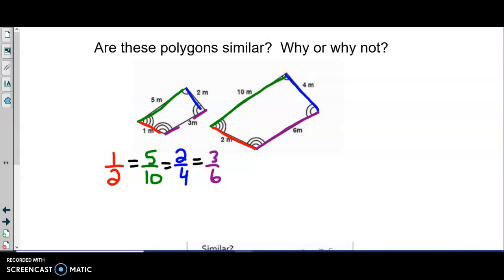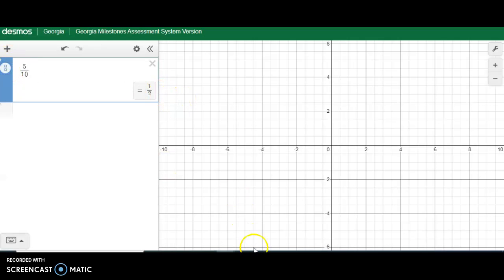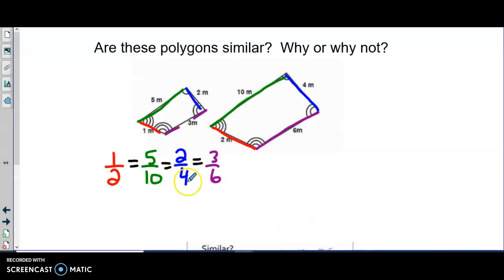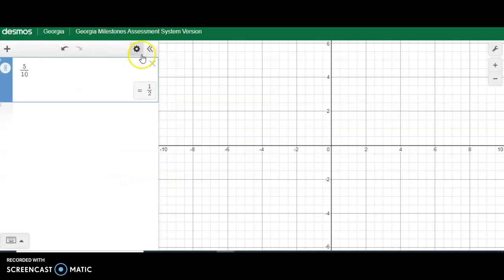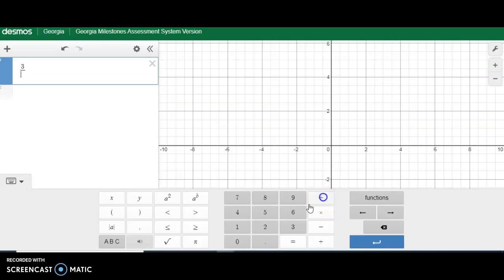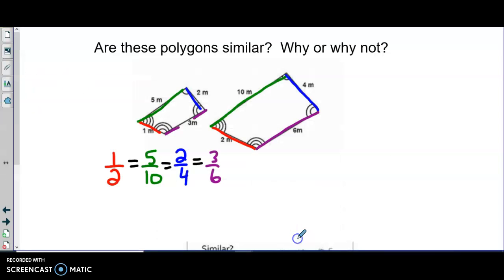So let's just make sure all these fractions are actually equal. 1/2, we can't reduce that. 5/10, if we reduce that, 5 divided by 10, that also equals 1/2. 2/4 equals 1/2. 3/6, let's just double check. They should all equal 1/2, which, of course, most of you probably know already. But they do all equal 1/2.